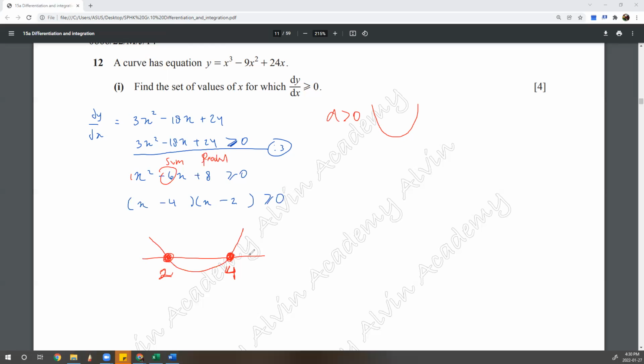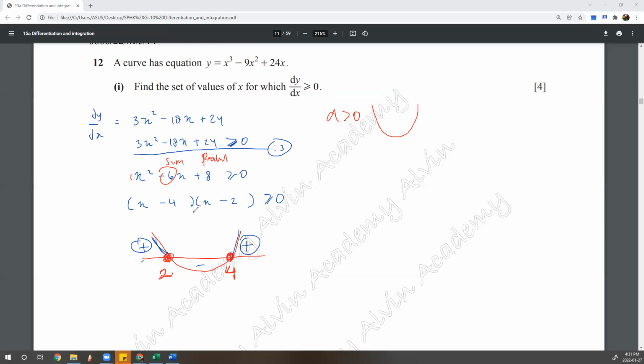There you go. This will be our rough graph. It's not detailed. And the question is asking for the values where the derivative is more than or equal to 0, the positive side. Below the x-axis is negative, above the x-axis is positive.